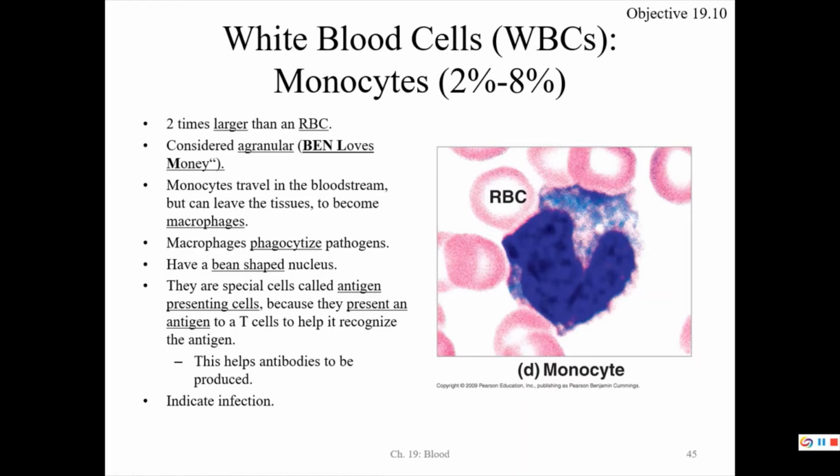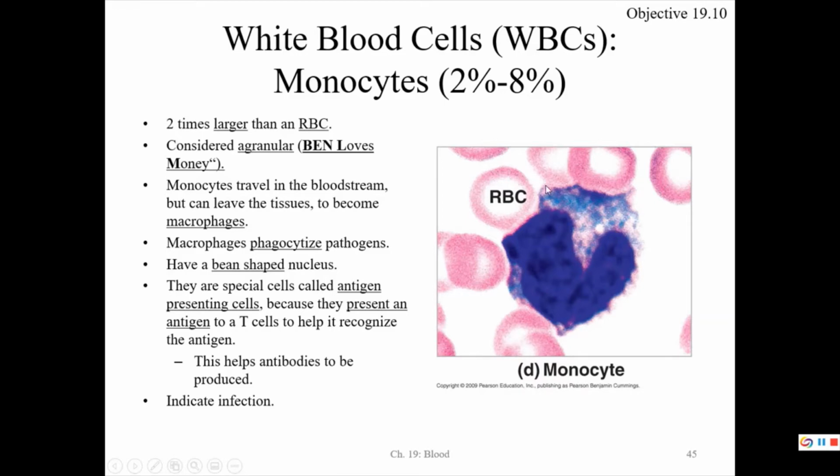They become macrophages: monocyte, macrophage, big eater. They leave the bloodstream to go to the tissues and become a macrophage. Macrophages phagocytize pathogens, things that can make you sick. They have a bean-shaped nucleus.